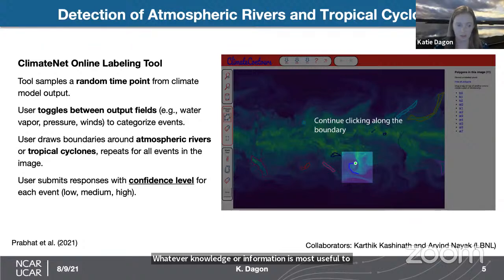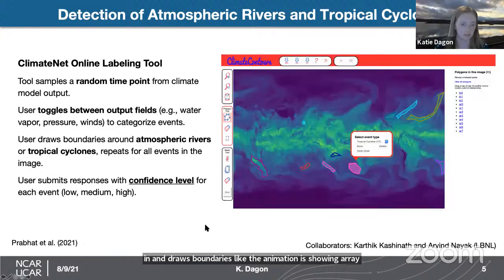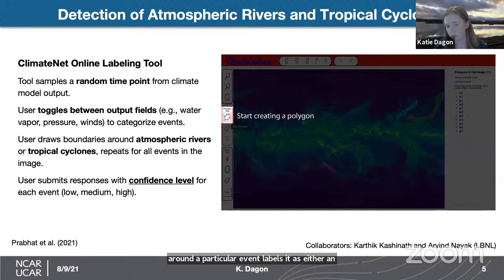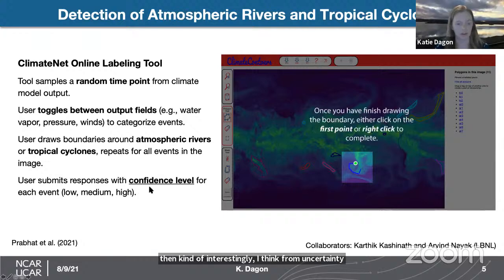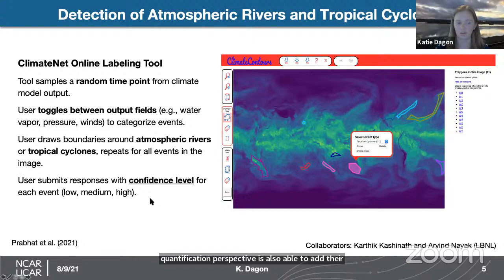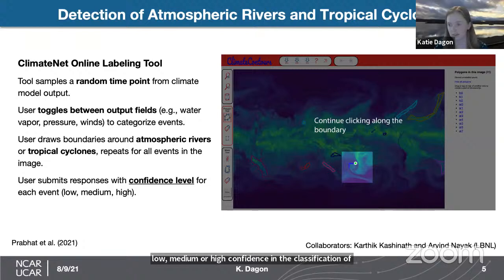And then the expert actually goes in and draws boundaries, like the animation is showing, around a particular event, and labels it as either an atmospheric river or a tropical cyclone. And then, kind of interestingly, I think from an uncertainty quantification perspective, the expert is also able to add their confidence level, whether they are low, medium, or high confident in the classification of a particular event and also the bounds of that event.